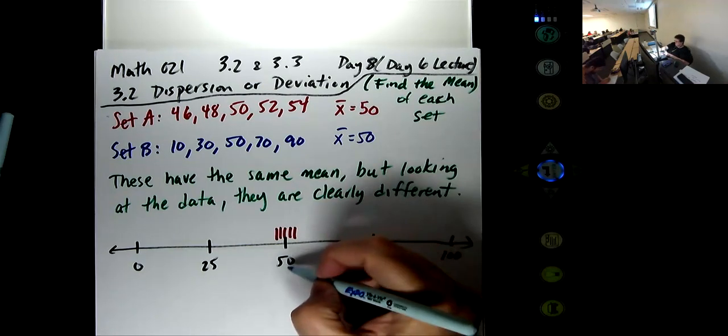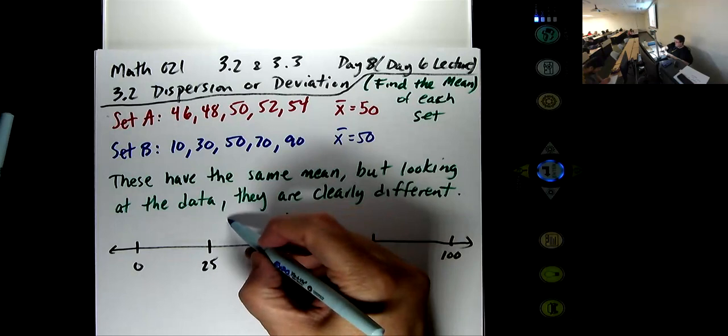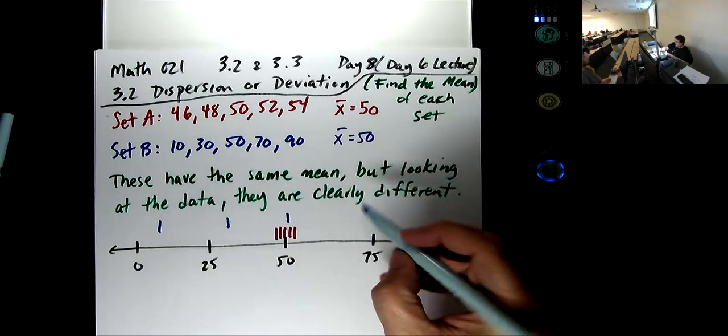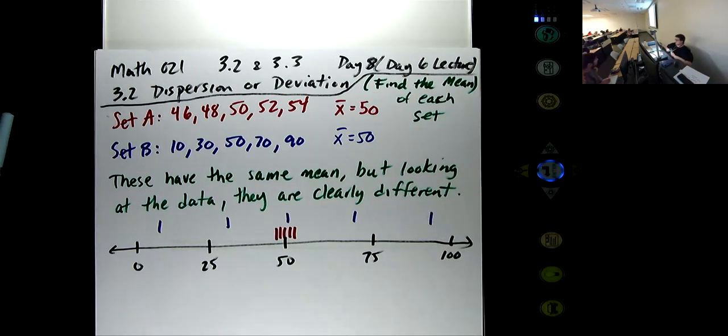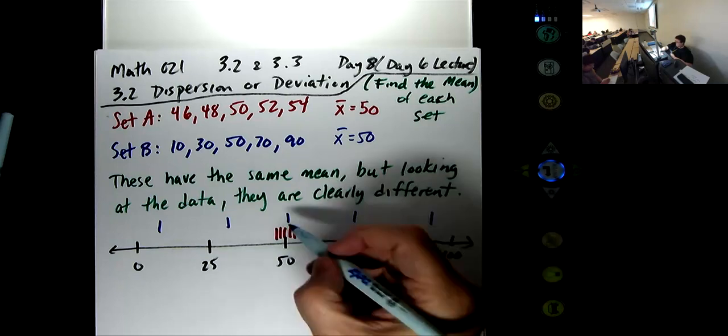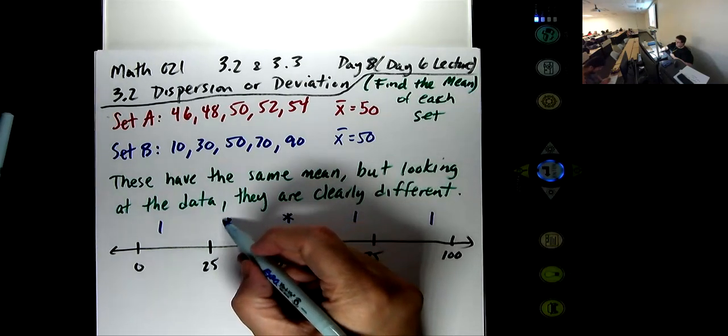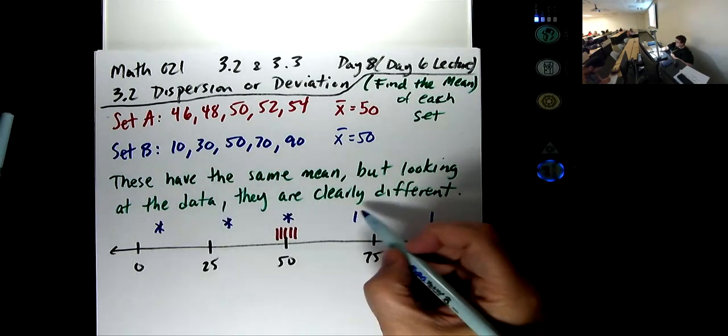And my blue values, I got one here, I got one over here, I got one over here, one over here, and one over here. Maybe I'll make them a little asterisk so you can see the difference. They stand out a little bit better.